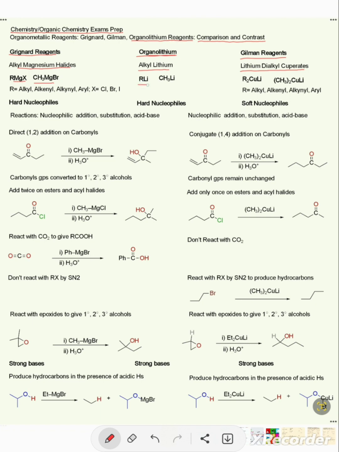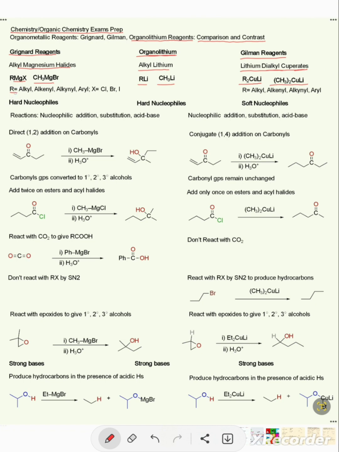Those are alkyl lithium compounds. One example would be methyl lithium. And the Gilman's reagent, the general formula is R2CuLi, in this example dimethyl copper lithium. These are known as lithium dialkyl cuprates.